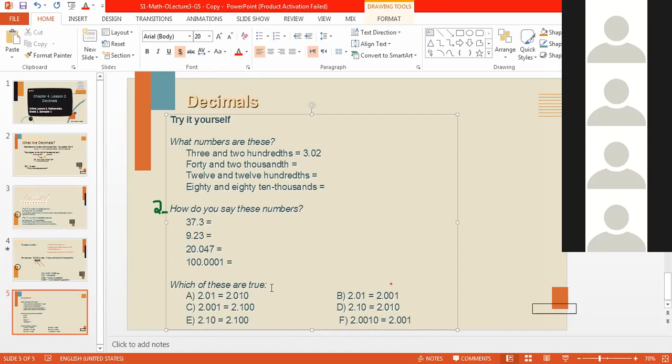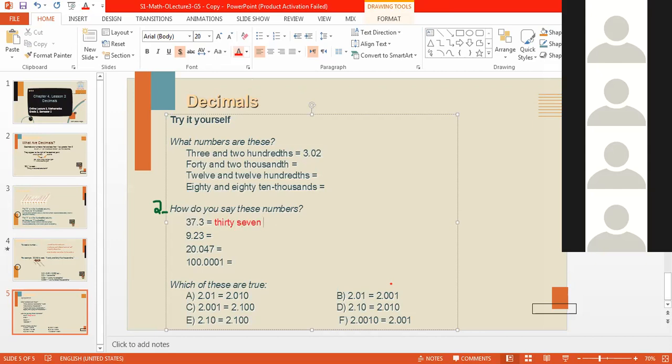We are trying to read it in word form. First of all, we read the whole part. What is the whole part? 37. Very good. So the first thing I'm going to do is write 37.